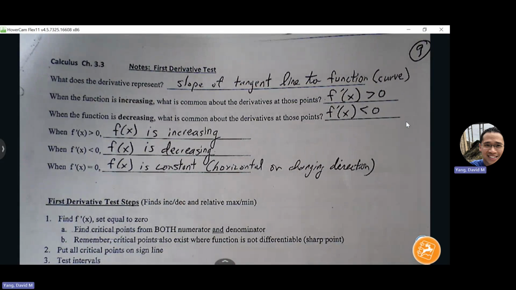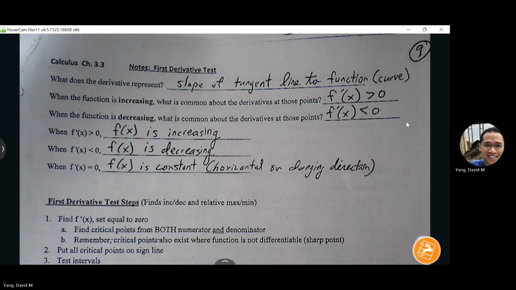All right, so what does the derivative represent? Derivative represents the slope of the tangent line to the function or the curve. A function is increasing when my derivatives are positive, right? So when f prime is greater than 0, that means my slope is positive. If my slope is positive, my graph is going to be rising. Right?